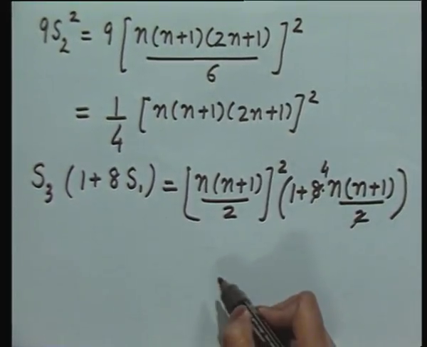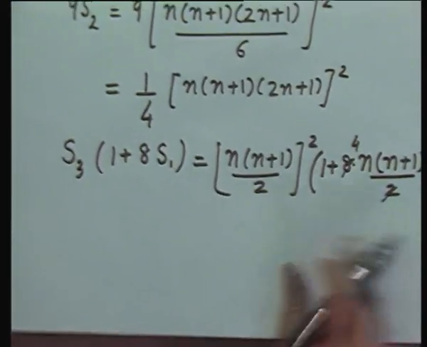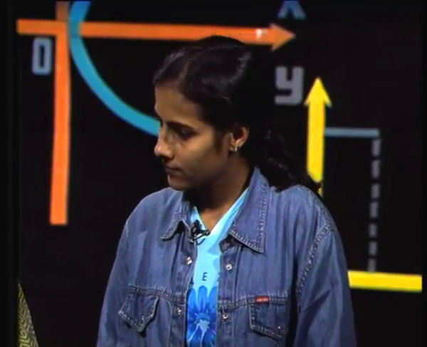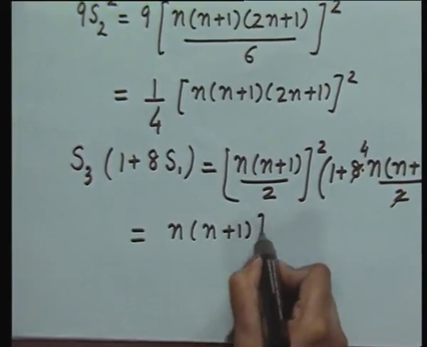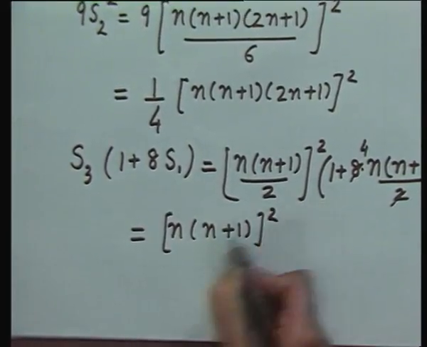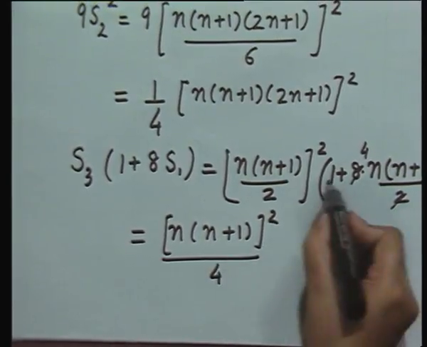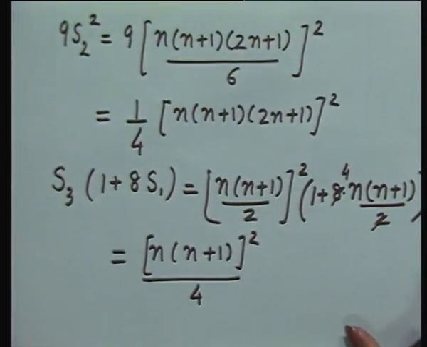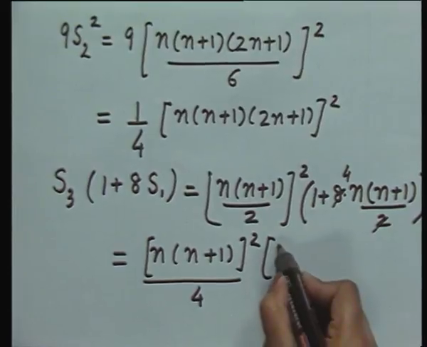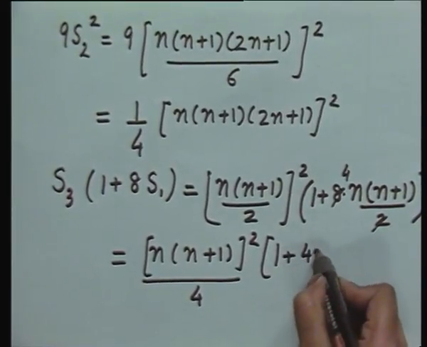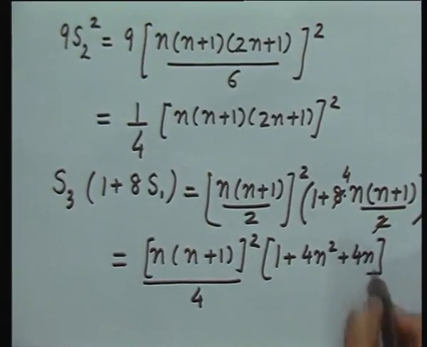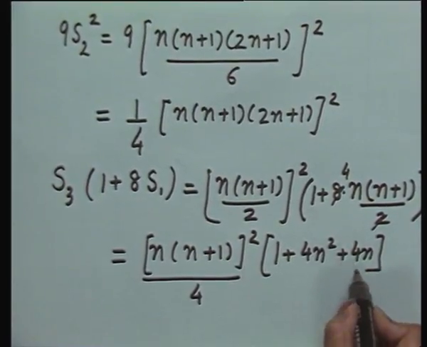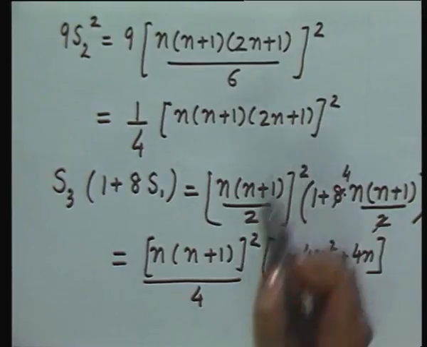This is cancelling away, and therefore you will be left with n into n plus 1 whole square by 4, and in this bracket it's going to simplify to 1 plus 4n square plus 4n, which is clearly 2n plus 1 whole square.